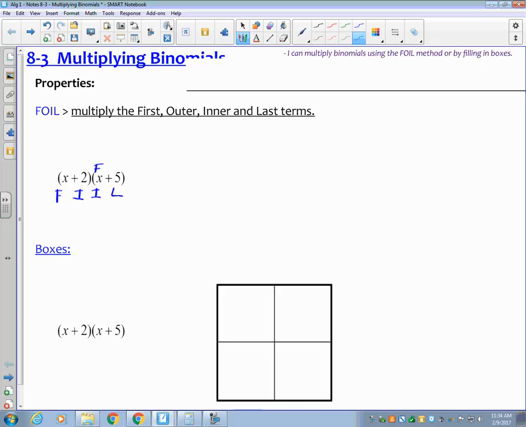And technically, the second x is also a first term. And technically, this x is an outer term. Technically, this 2 is a last. And this 5 is an outer term. So you can be more than one thing. Just because you're a first doesn't mean you can't also be an outer.